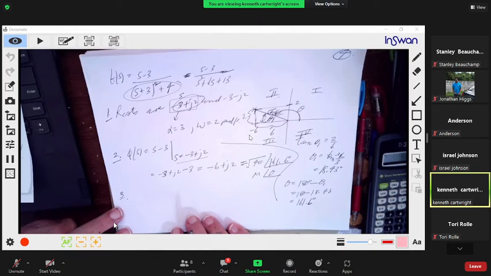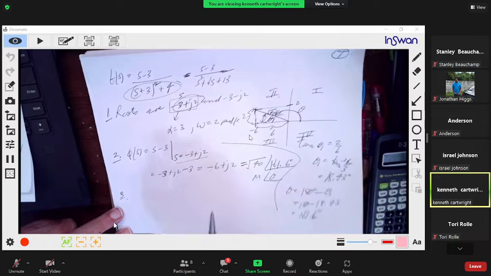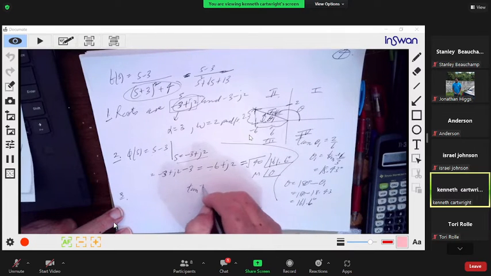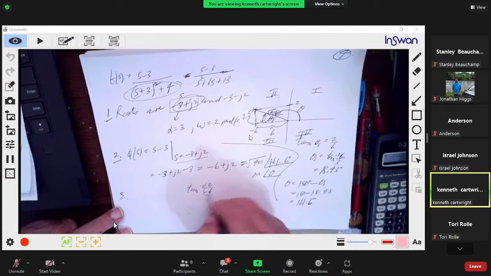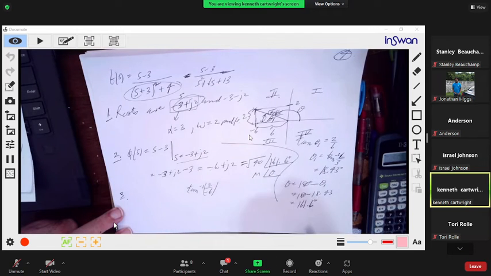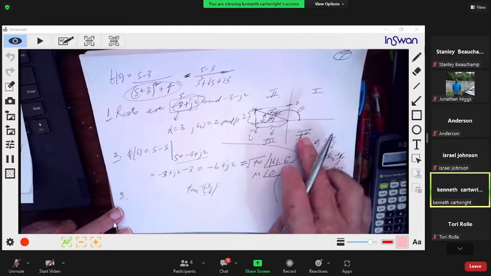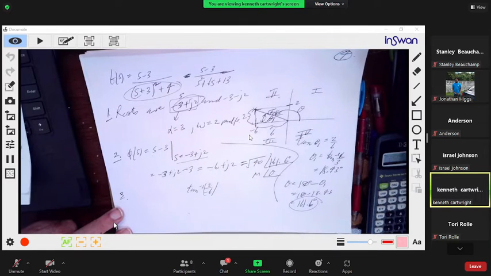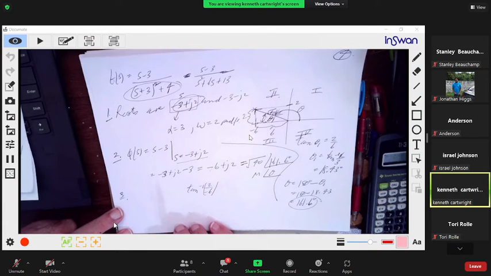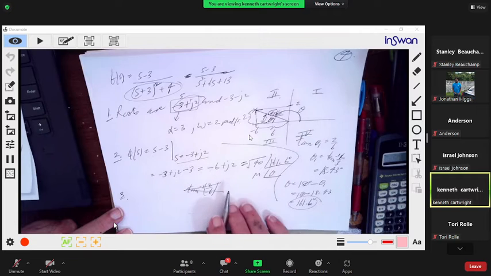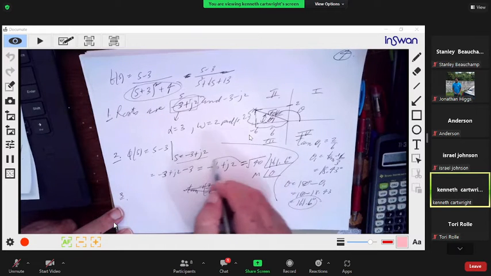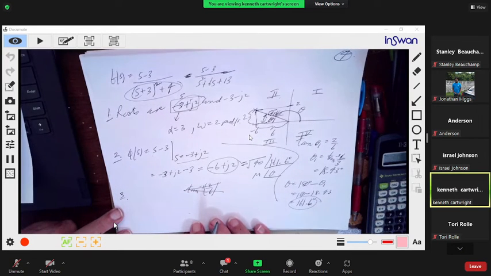By the way, if you had put inverse tan of 2 over negative 6 in your calculator, you would not get this angle. You will get the fourth quadrant angle. So your calculator would lead you astray. That's why you always need to plot your complex number so you can tell what quadrant it's in.